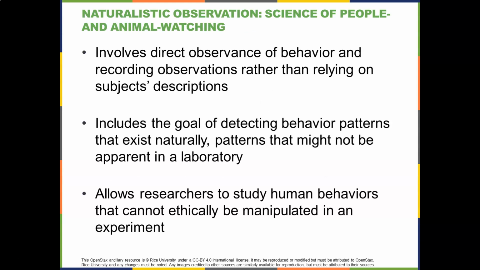Another type of research method is called naturalistic observation. Naturalistic just means watching people or animals in their natural habitats. Researchers look at the behavior of people in their natural habitat without stepping in and doing an experiment.